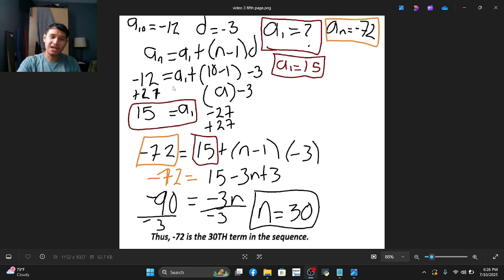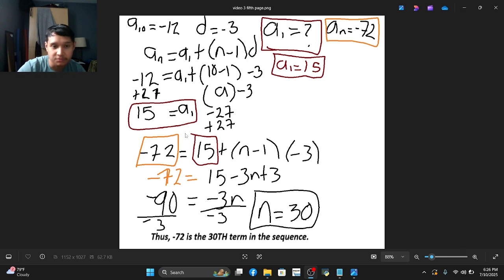But we don't know what a sub 1 is, because we have to find the first term of the sequence. So it will be 9 times minus 3, negative 27. We move it over to the negative 12, and we'll have 15. 15 is the first term of the arithmetic sequence. So it's going backwards, as you'll see, because the a sub 10 term says that we're at negative 12.